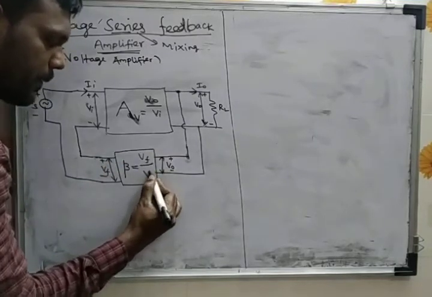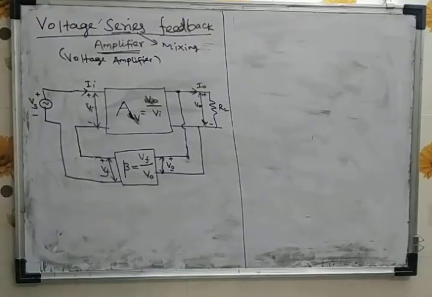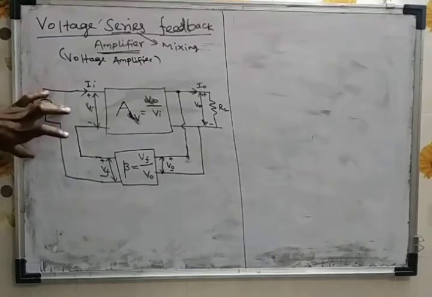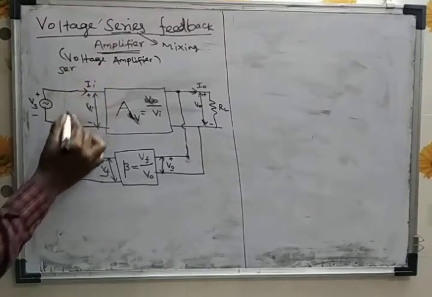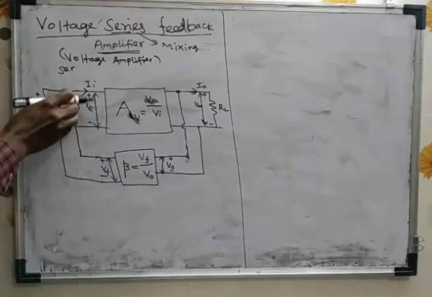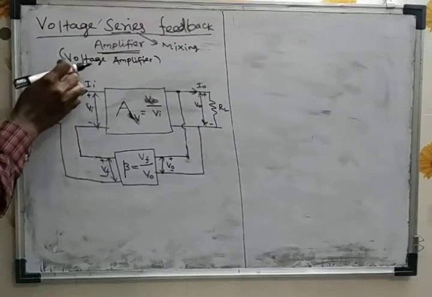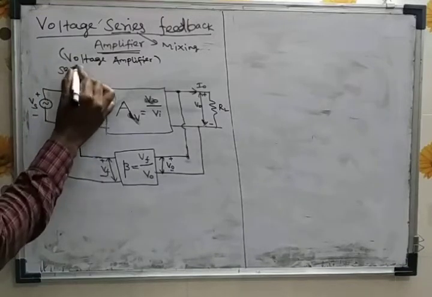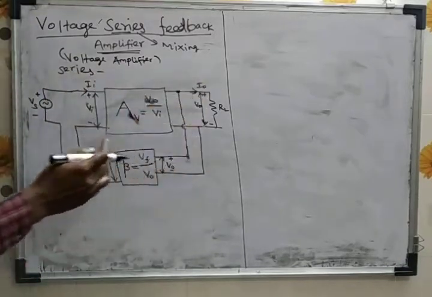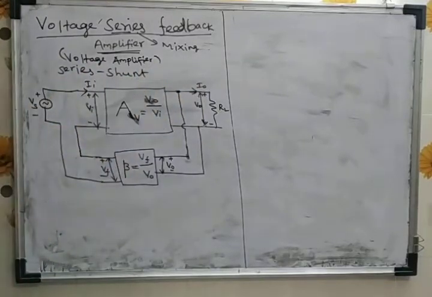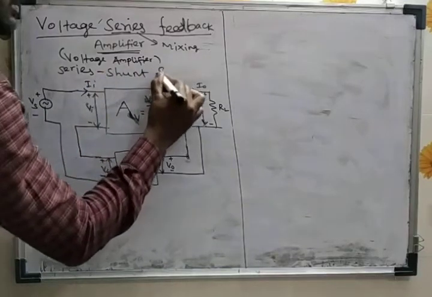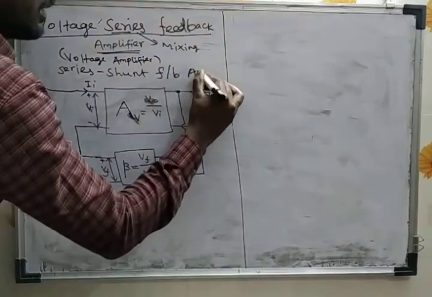So Vf divided by V naught. So we represent mixing as series and sampling network as shunt. This amplifier is also called series shunt feedback amplifier.